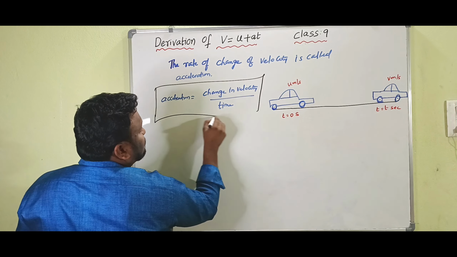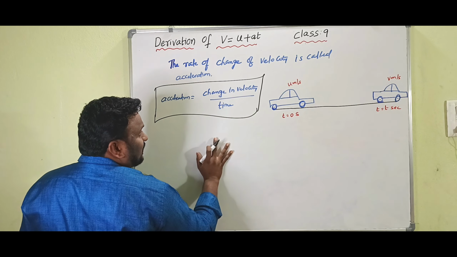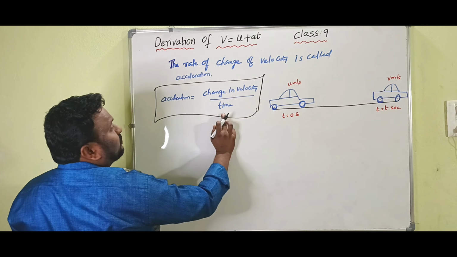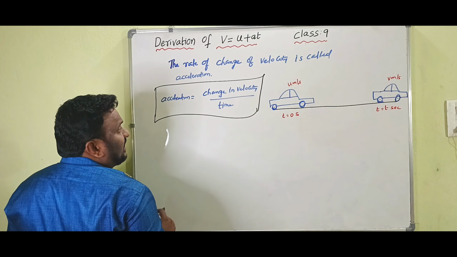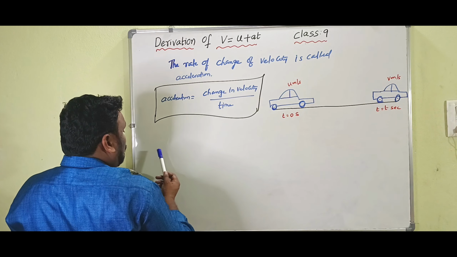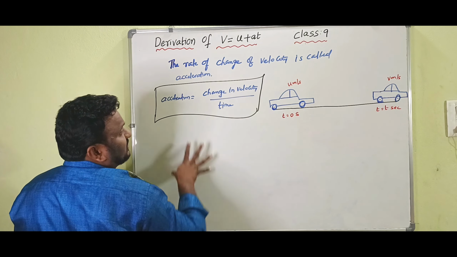There is something that changes. What is it? Change in velocity with respect to time. If there is any change in velocity of a body with respect to time, then what do you have to say? The body has acceleration. Clear, children? So already you know the formula for acceleration.